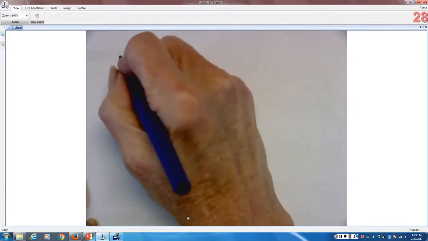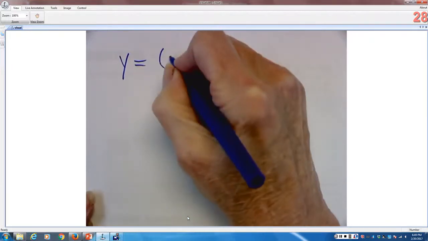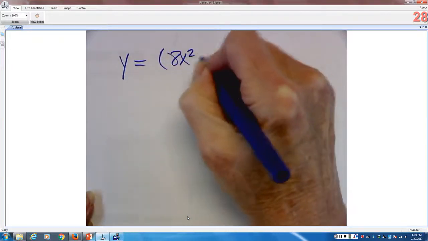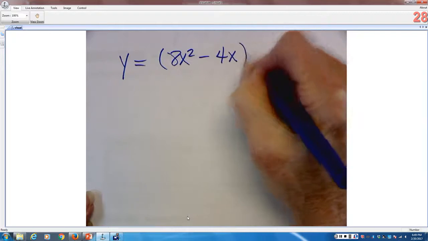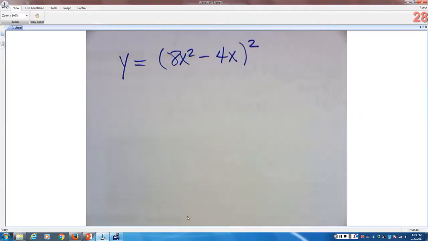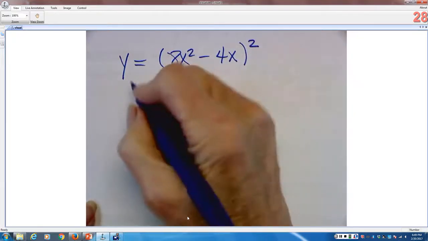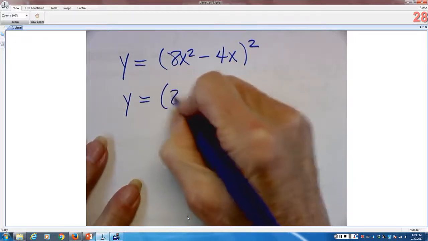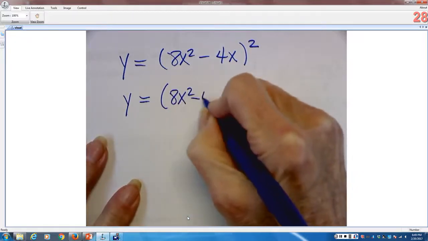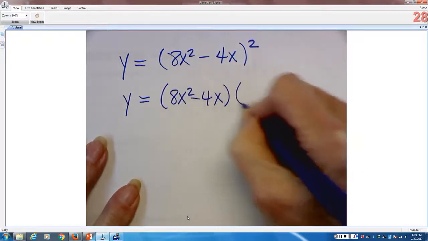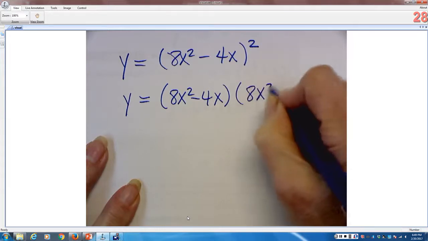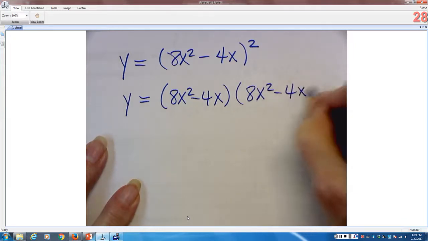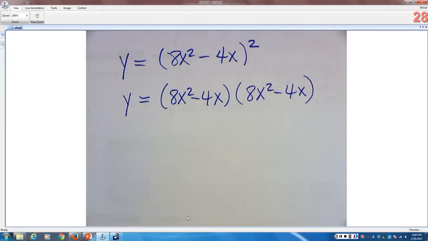So if we have y equals 8x squared minus 4x quantity squared, we can write that as a product. And then take the derivative of each factor, which of course is going to be the same for each factor.